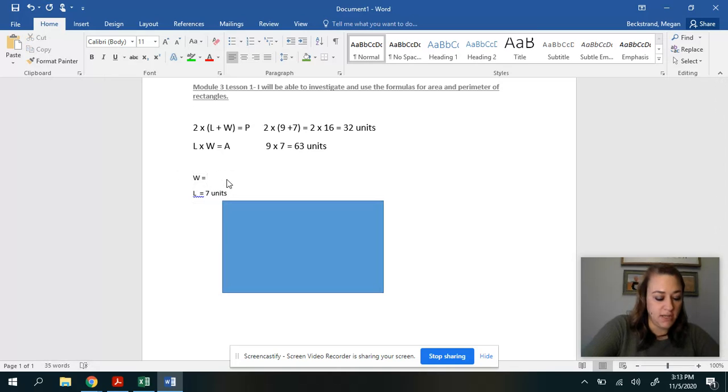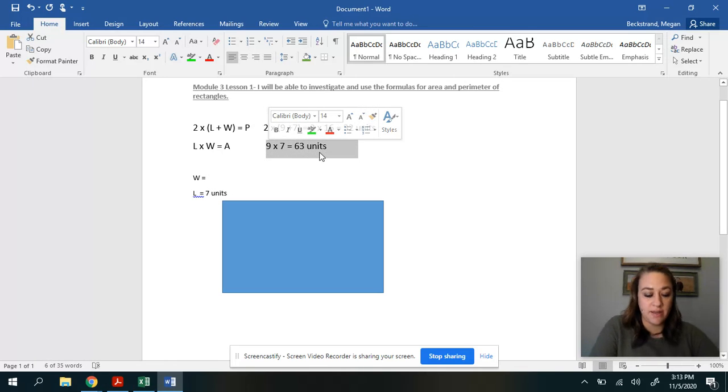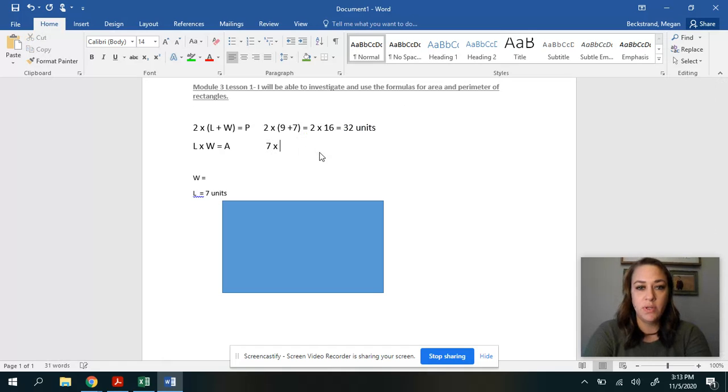So we're missing our width, okay? But our length is still 7. And if I come up here, I'm going to give you the area. I'm going to talk you through what we would do if we knew the area, but not our width. So our area is going to be 49 units.